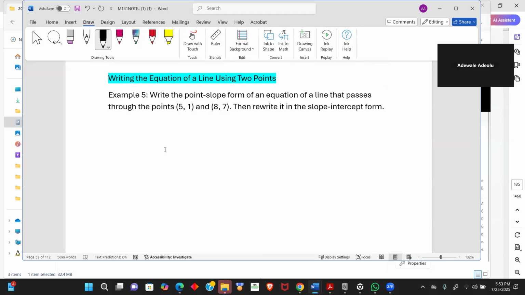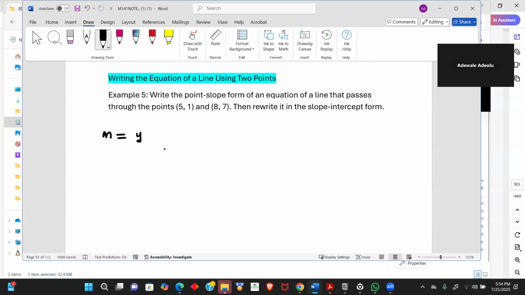Well, you know from my explanation up front that we can find the slope if we have the 2 points, and that is what we are going to do in this case.